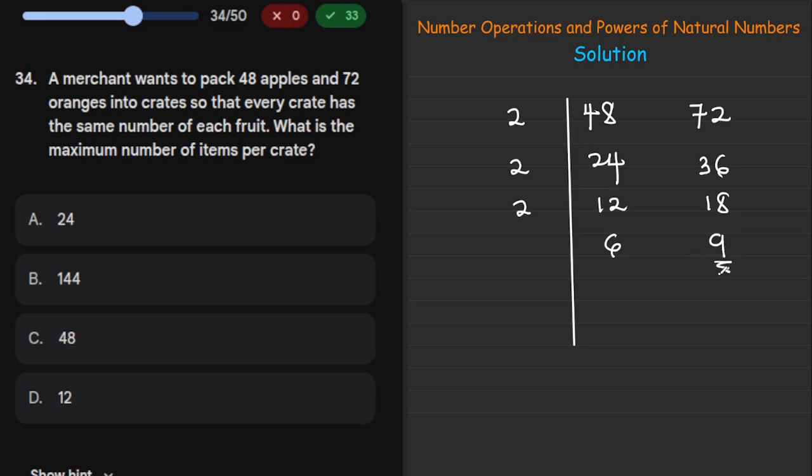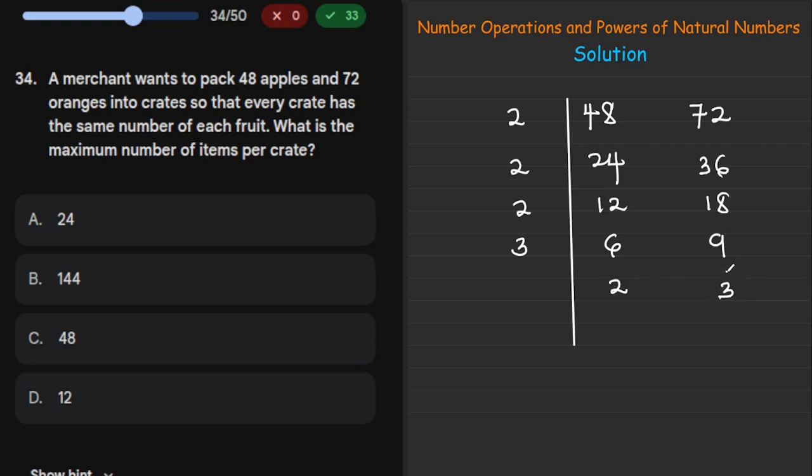This is where 2 ceases. Now we move to the next prime number, which is 3. 3 divides 6 to give us 2, then divides 9 to give us 3. There is no single prime number that can divide both 2 and 3, hence we end over there.